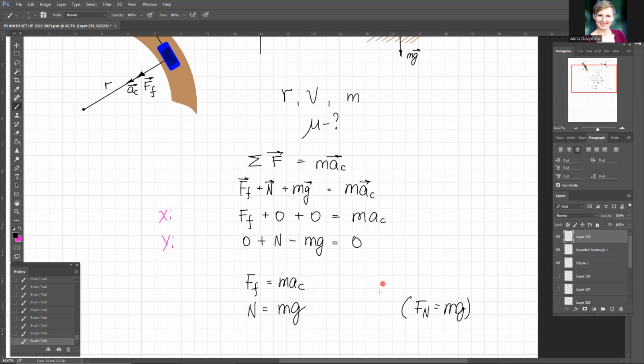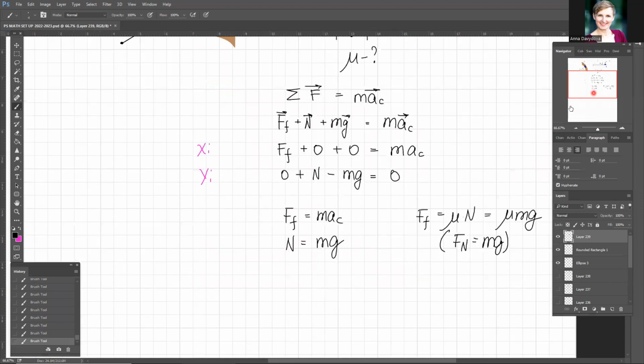By the way, what is friction force? Usually coefficient of friction times normal force. And if we take normal force as equal mg, mu mg. I think we have seen this many times. So all we need to do is, instead of friction, put mu mg.